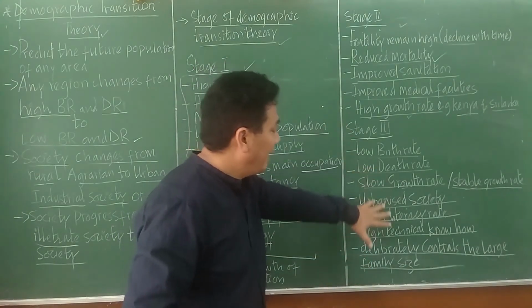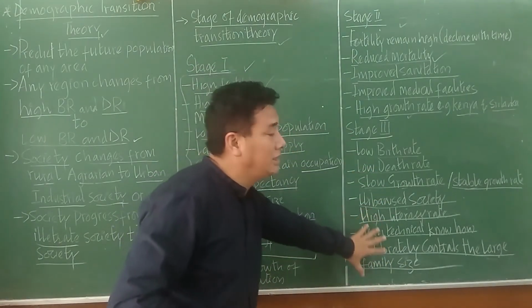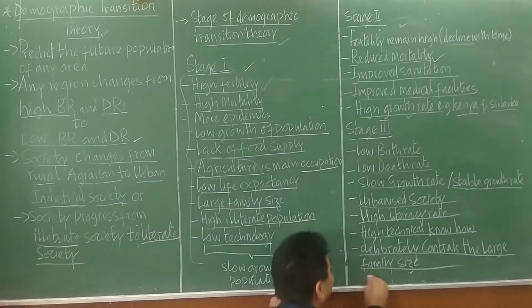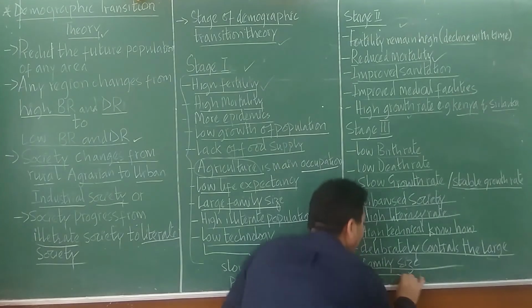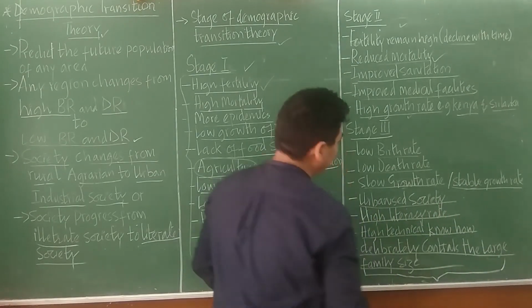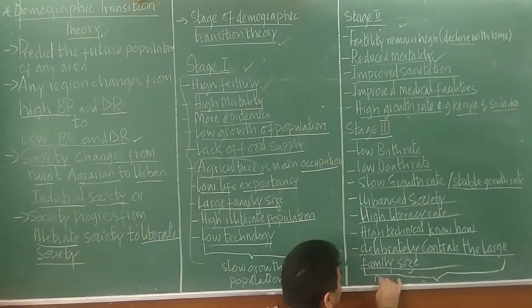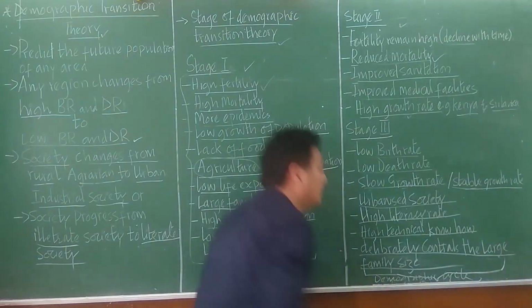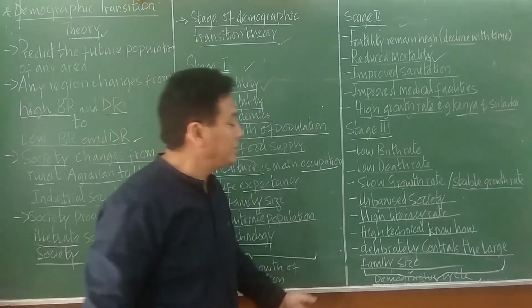So this is the stages, and all these stages are known as the demographic cycle.